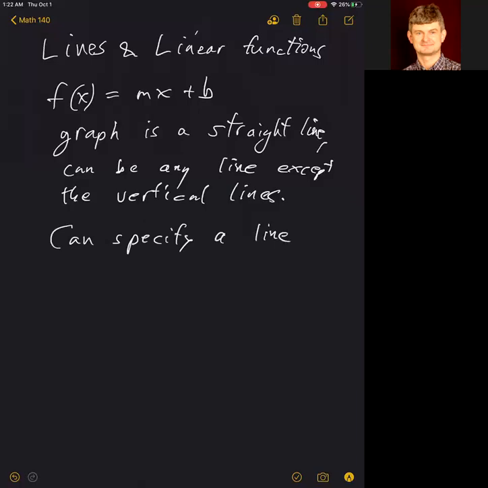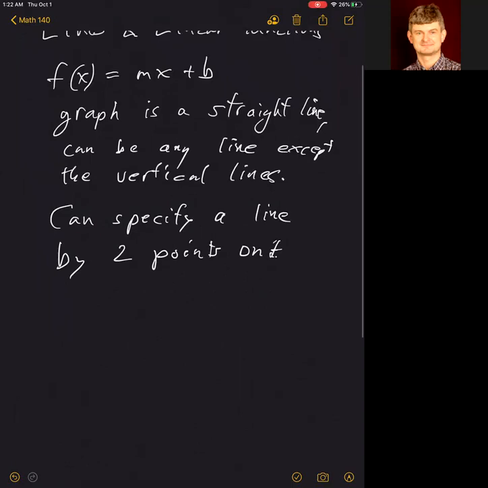By default, my lines are always straight lines, I should say that. And it's a natural question: find me an equation like this one above for a line passing through 2 given points.